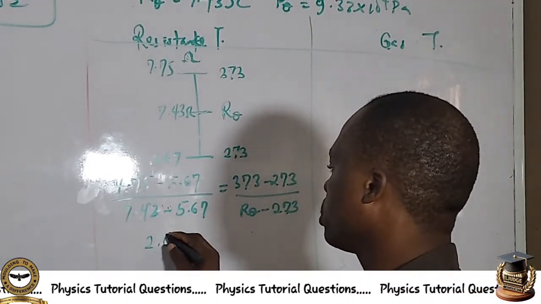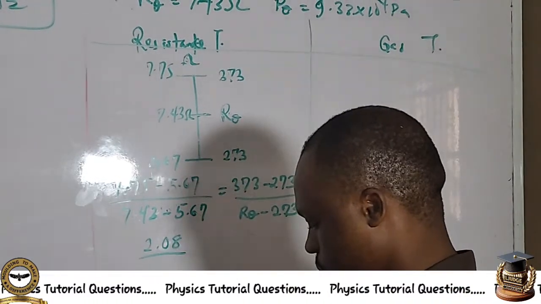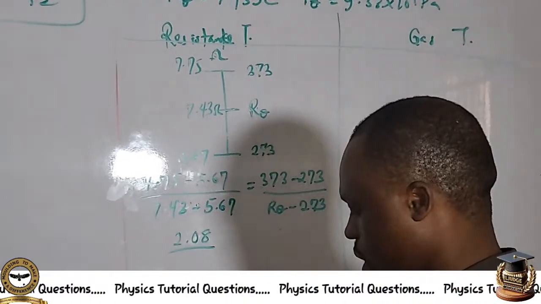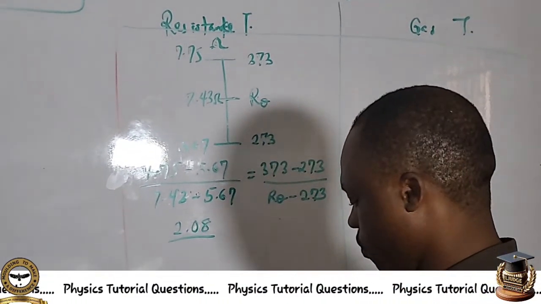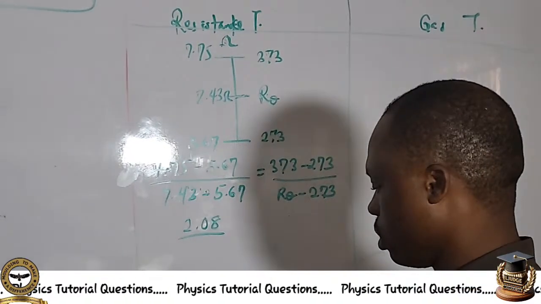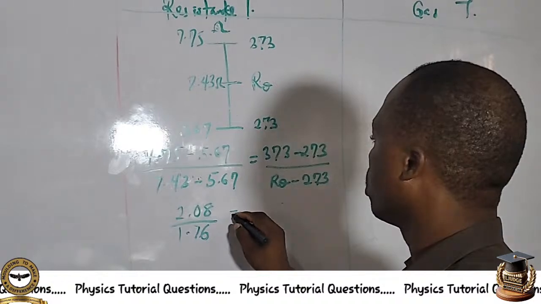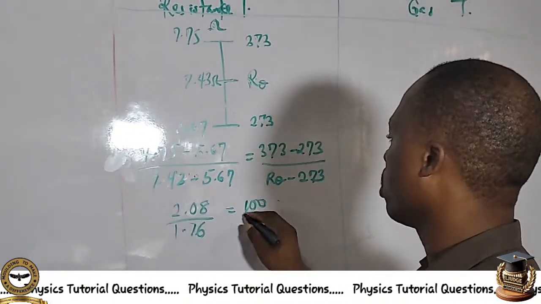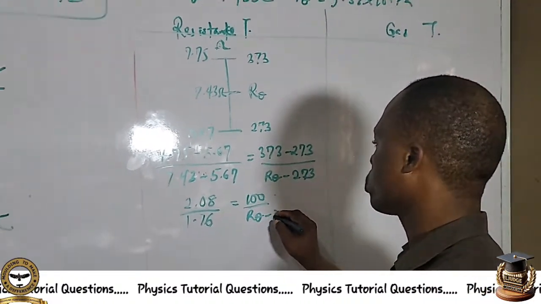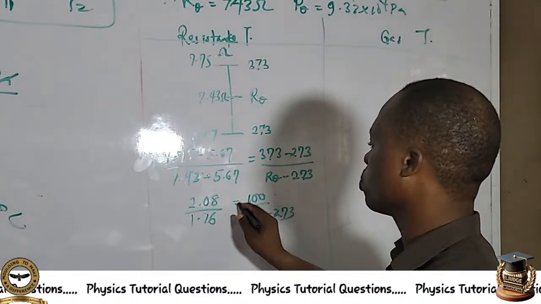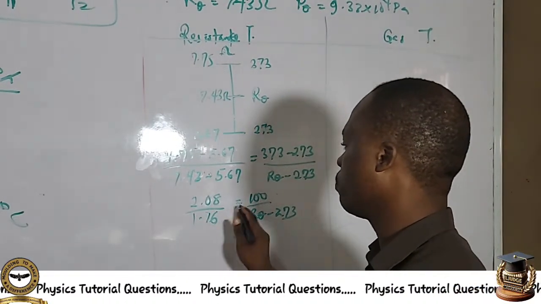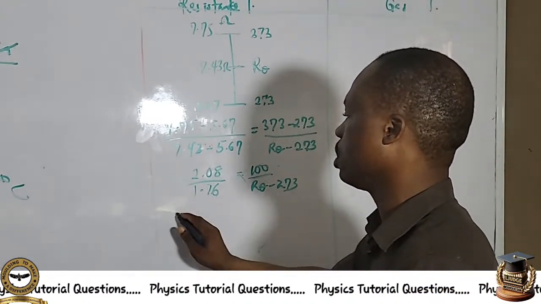We have 2.08 divided by 7.43 minus 5.67, which gives us 1.76, equals 100 over R theta minus 273. If we cross multiply, we are going to have 176.